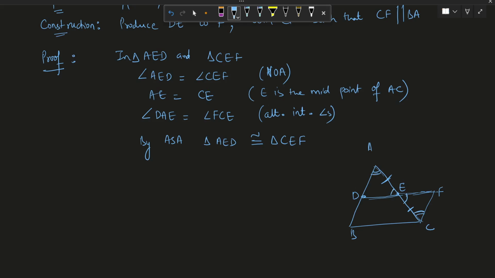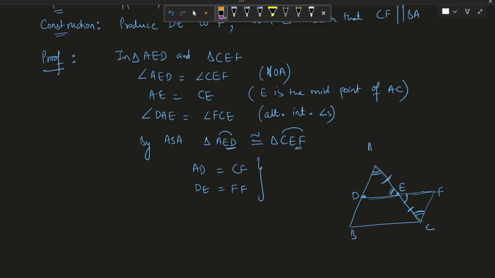So by angle, side, angle, the triangles are congruent. Now when the triangles are congruent, what do I have from here? AD equals CF, and also DE equals FE. These both things are by CPCT.